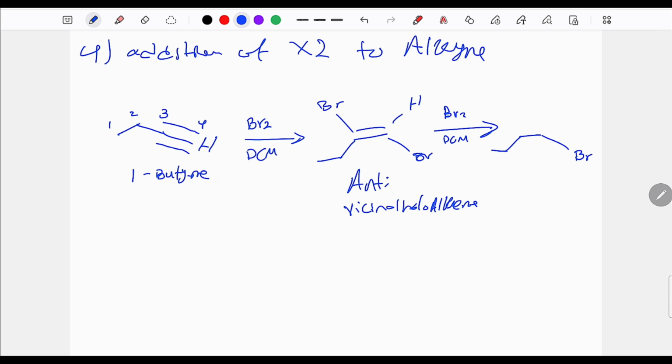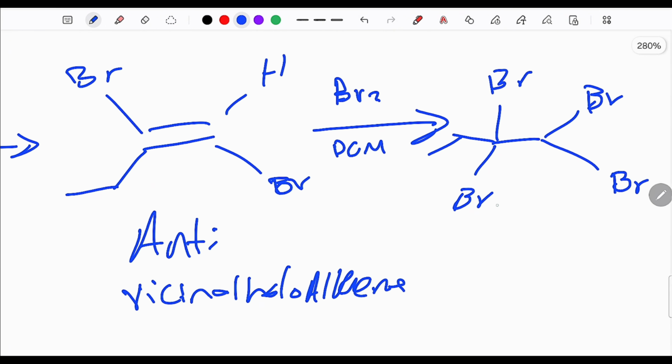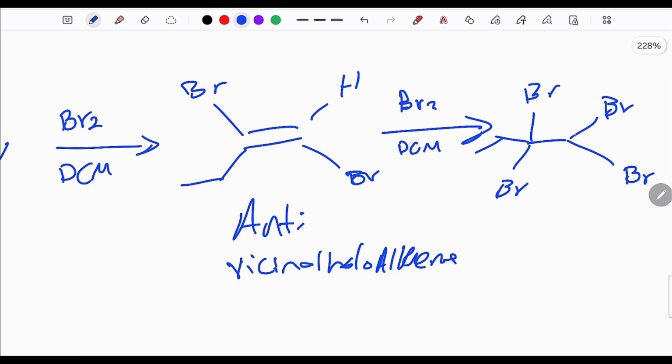So there's a Br there, a Br there, a Br there, and a Br there. Okay, so here's a tetrahalide product with one hydrogen, of course, here, and 0 hydrogens here.